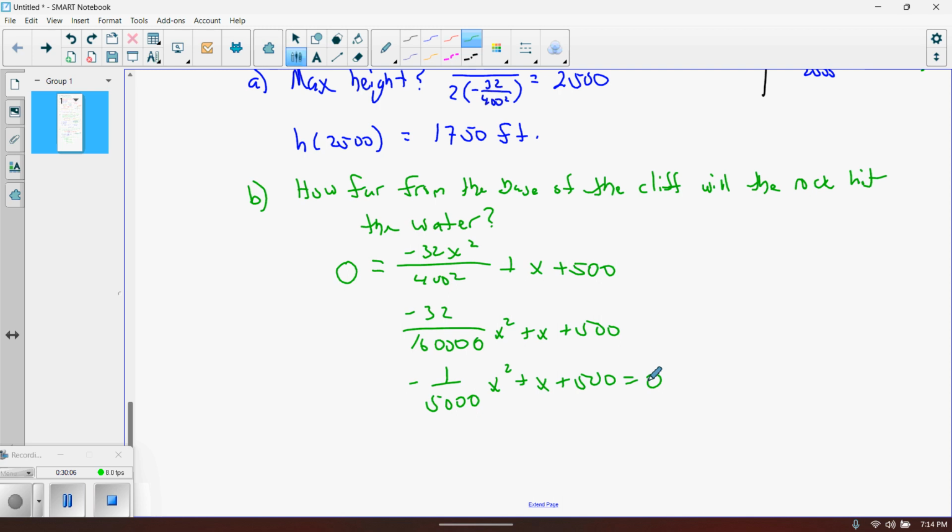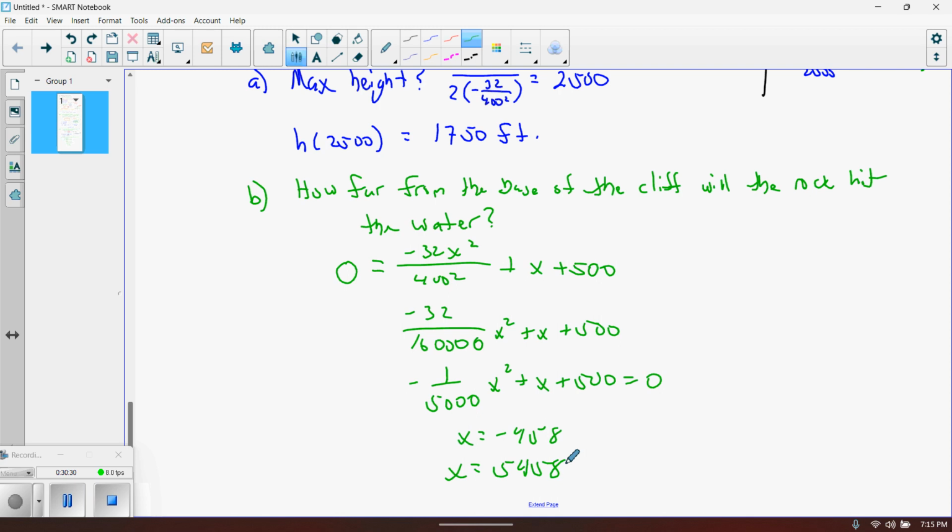I'm going to tell you that one way or the other, you should get x equals negative 458 and x equals 5,458.